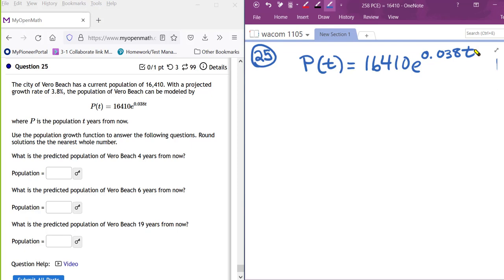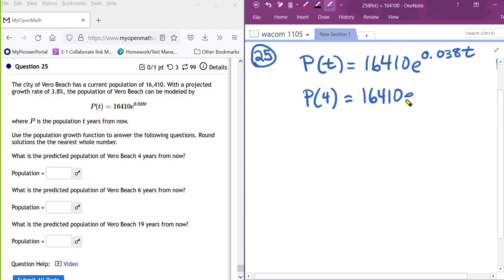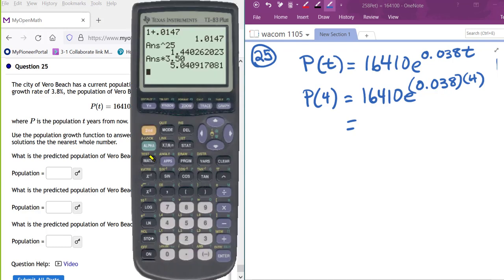So not a hard thing to do. 4 years from now is the only one we'll do. So we'll do P of 4. And this is times 4. So we'll pull our calculator. And we're going to do our e first. Raise it to a power.